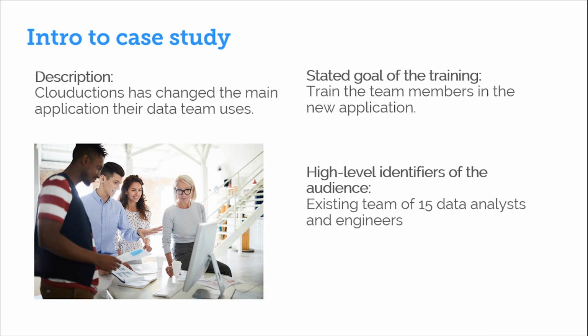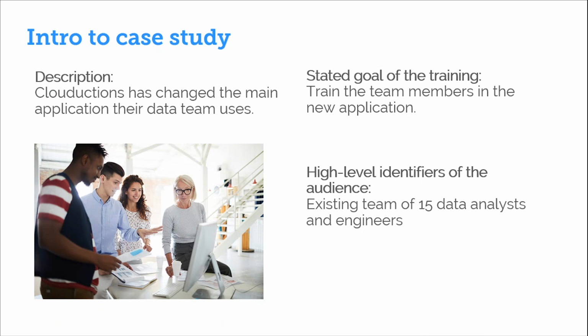But when does the business need this team working efficiently in the new app? What is the rollout schedule? Why is the business making this change? Etc. These are the questions we'll ask that'll help frame the project. What kind of skills does the current team already have? Do these skills overlap with the new app?